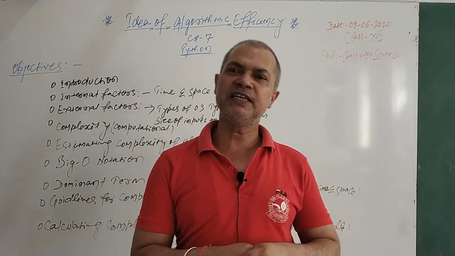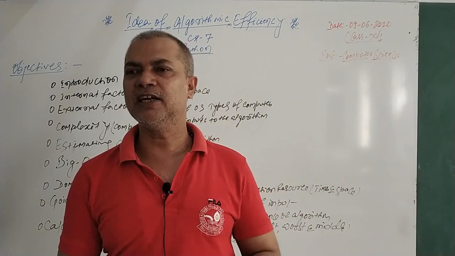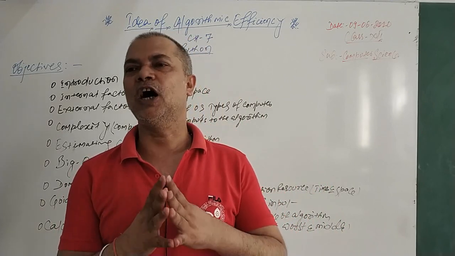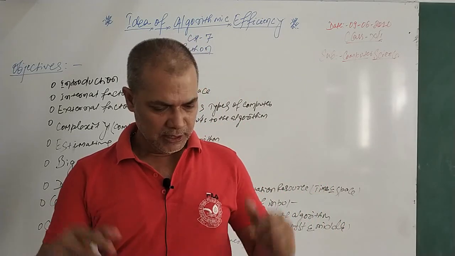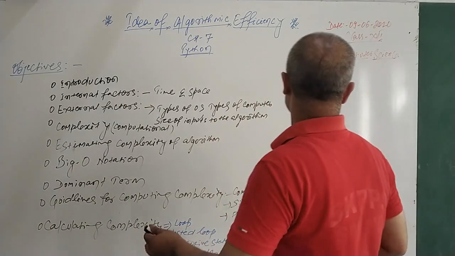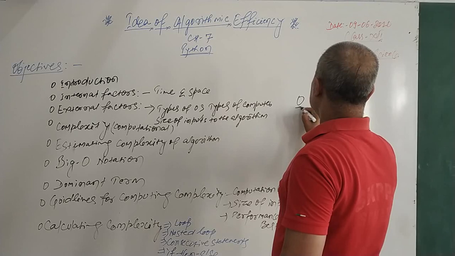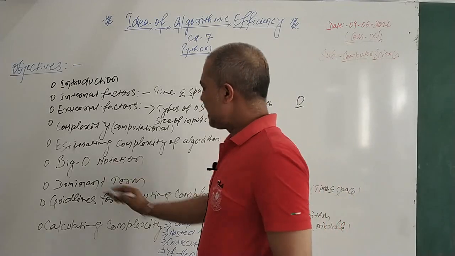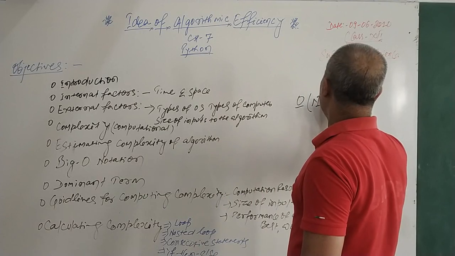Big O notation is basically a notation, a method or a technique, to measure the complexity of any algorithm, and that depends on many factors. For example, since it is a big O, you have to write the O bigger: O(n).